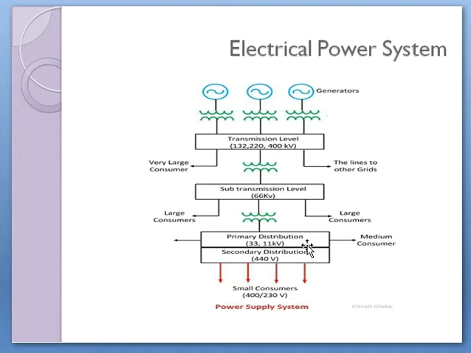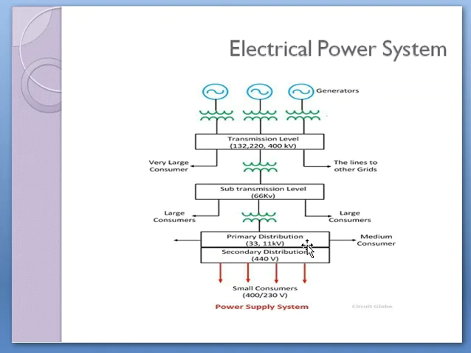In this way, the 3 phases of the colony transformer are loaded uniformly with a certain number of houses, and thus here ends the consumption of the power that has been generated in the thermal power station.